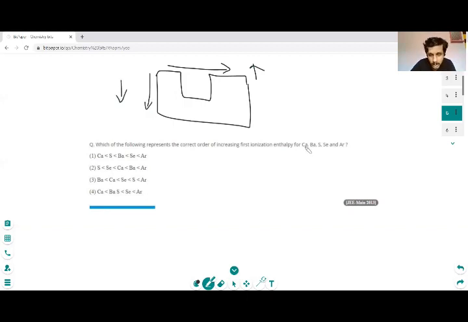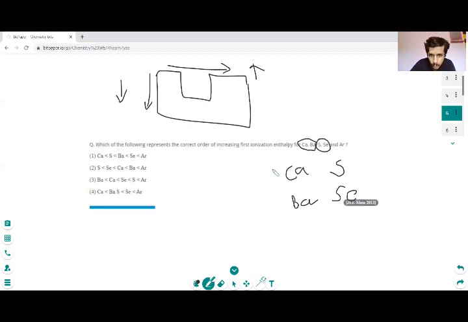Here you see the elements: calcium, barium, sulfur, selenium, argon. Calcium and barium are in one group, sulfur and selenium are in one group. Calcium and sulfur are in the same period. Barium and selenium are in the same period.